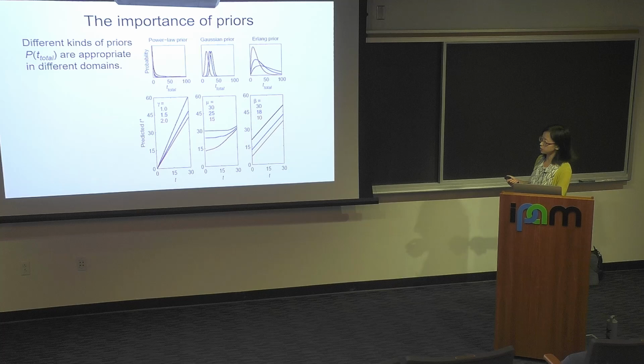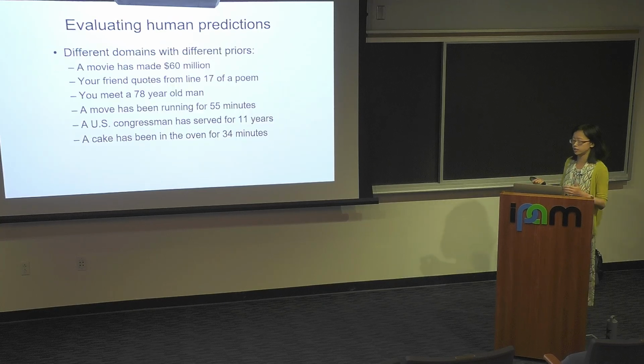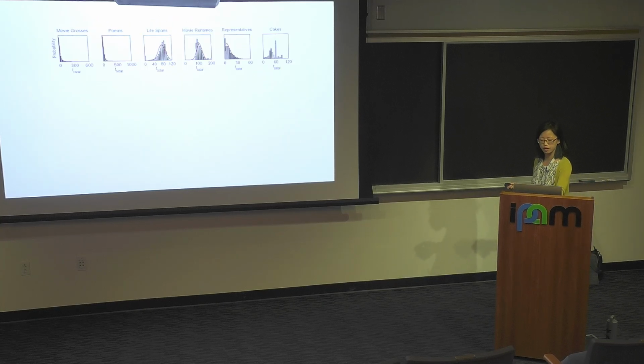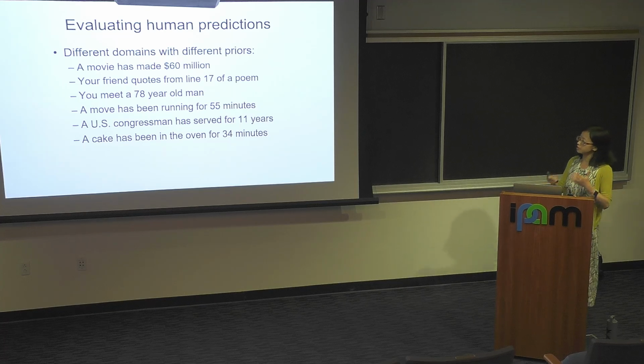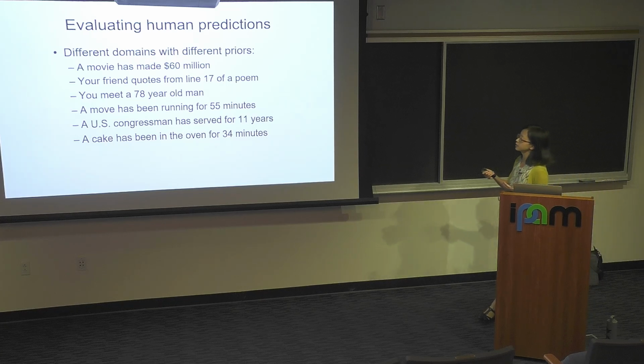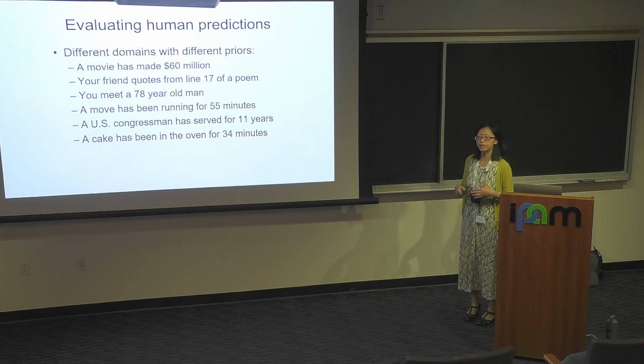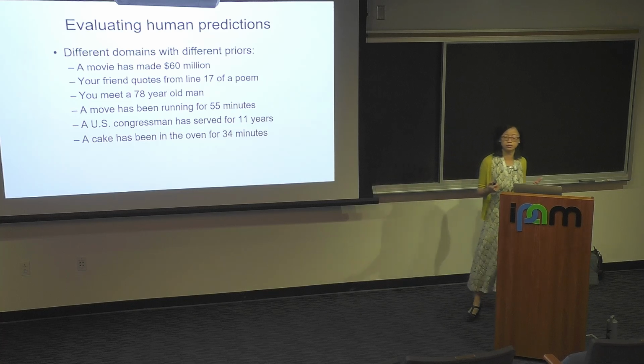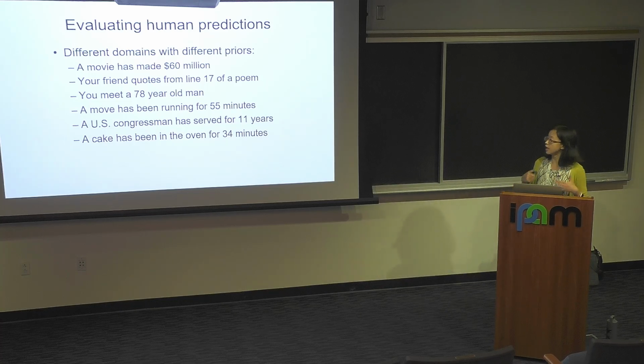One extension is that we can also figure out what the priors are. If you look at different domains, we can go to the natural statistics to measure the lifespan of a person, how much a movie could profit, or the total number of lines in a poem.